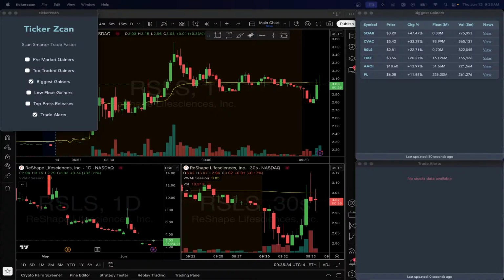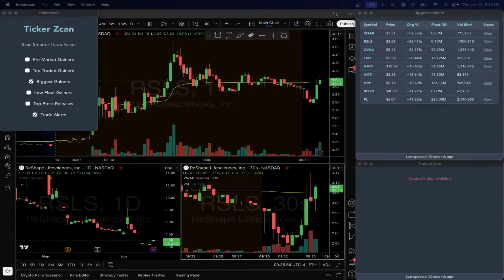Took a small trade on RSLS. It was a real small trade on RSLS, like 5 cents. All right, we got some more stuff coming in here.